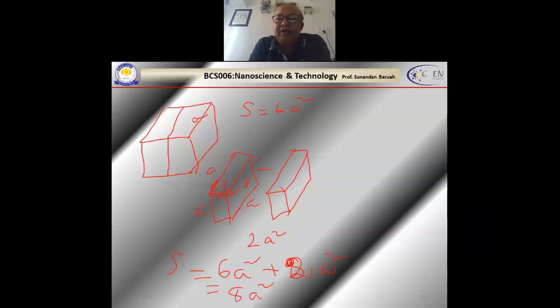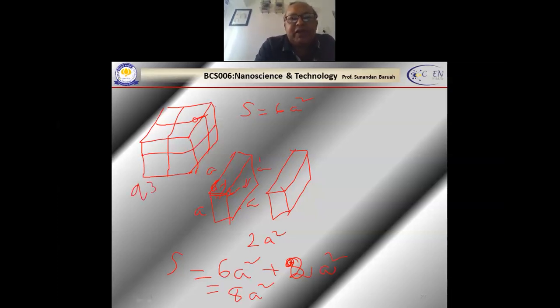That means once you break it up into two parts, you're already increasing the surface area. And if we continue that way, that means we break it up even more this way also, this way also. We are not increasing the volume. The volume is still a cube, no matter what.